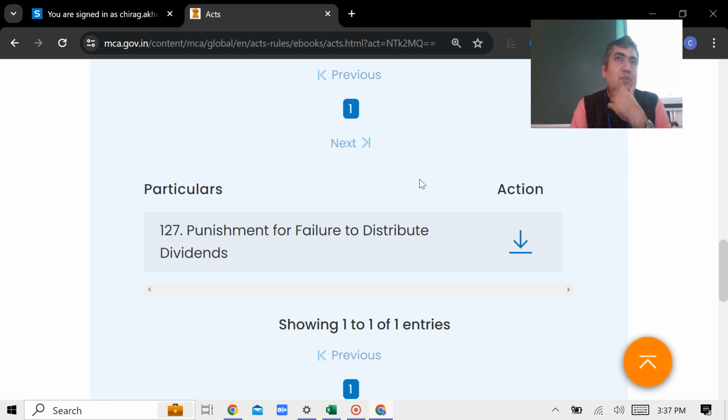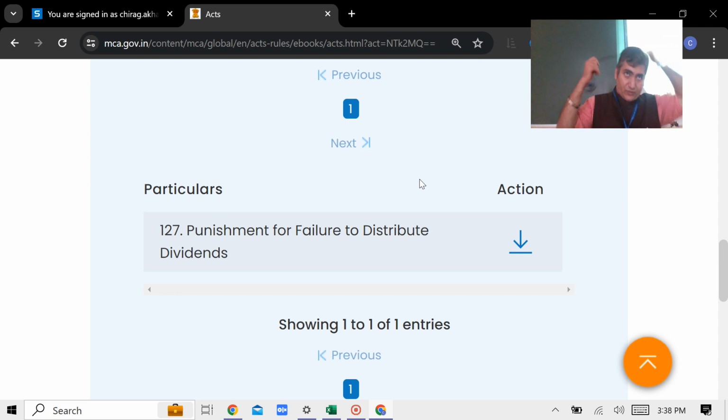I think I have explained that once the dividend is declared, by hook or by crook, you have to arrange the cash. Because as soon as it gets approved by the shareholders, it becomes what? The liability for the company. And by anyhow, you have to arrange the money.